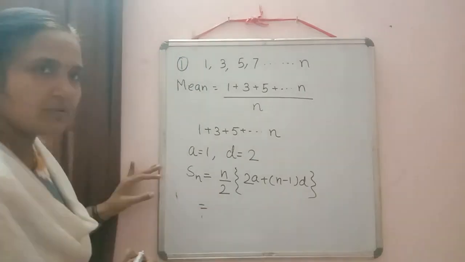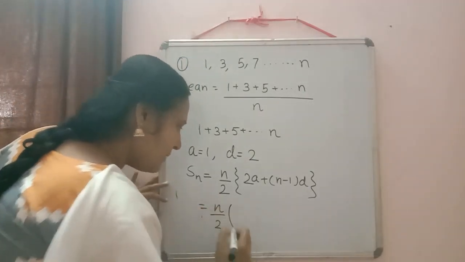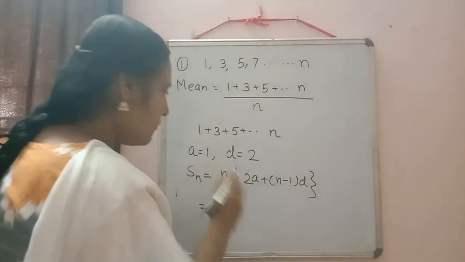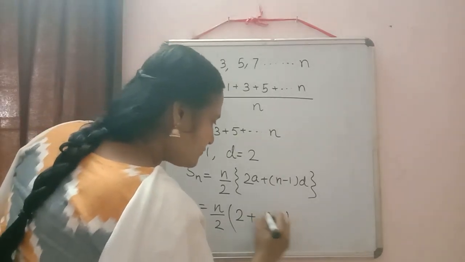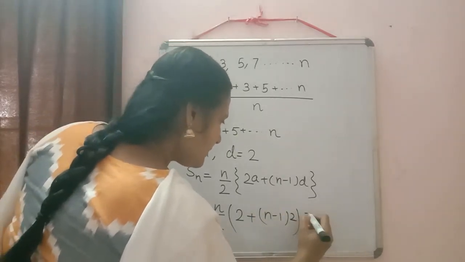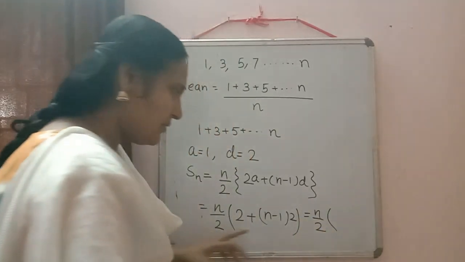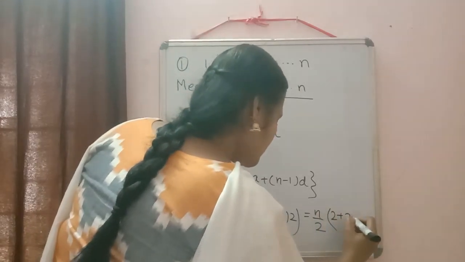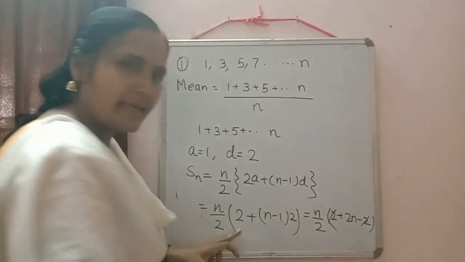Now we will substitute the values. In place of n we have n numbers only, so n by 2 as it is. Inside the bracket, 2 into 1, that will be 2, plus n minus 1 into 2. Now we will open the bracket. Then it will be n by 2 into 2 plus 2n minus 2. 2 and minus 2 will get cancelled.